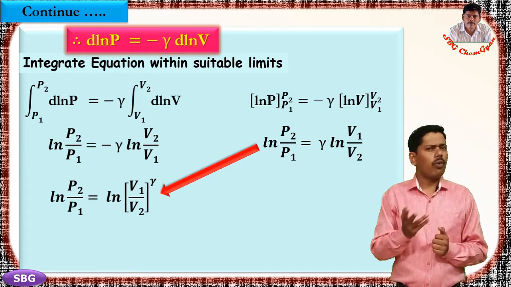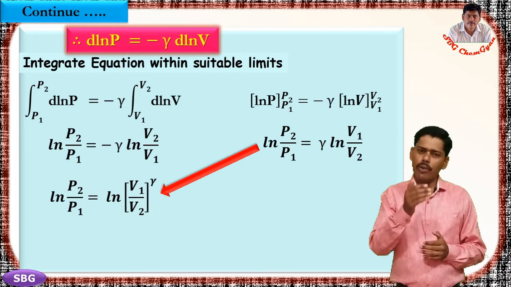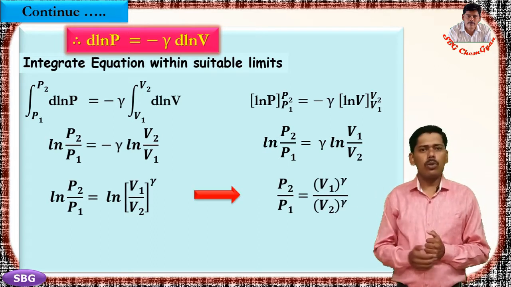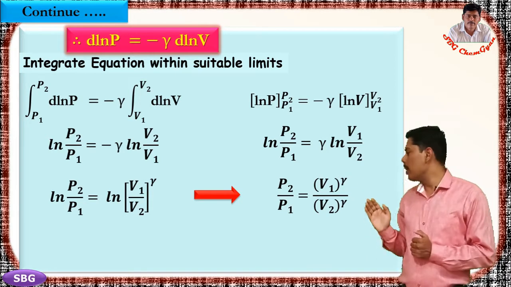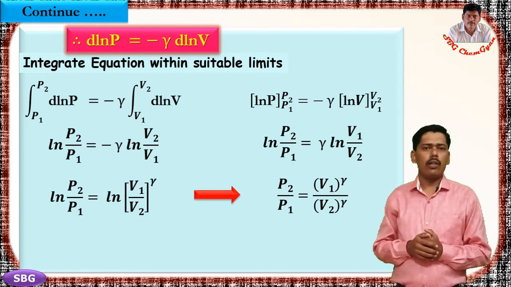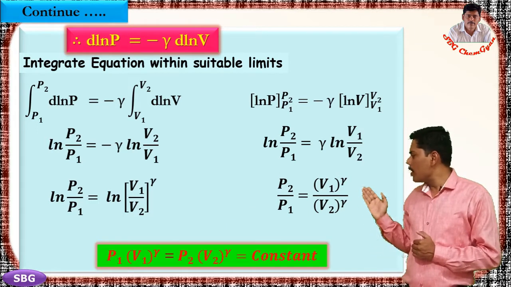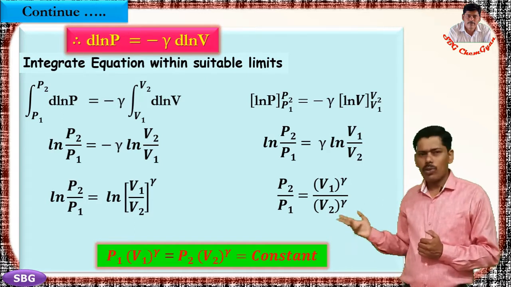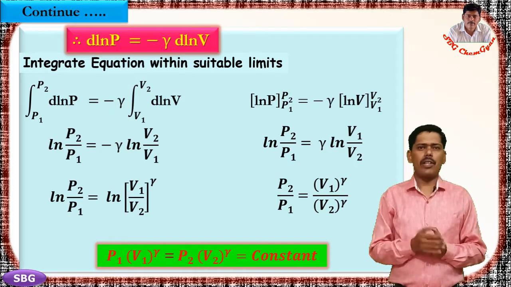We remove logarithm from both sides and the gamma value is separated for both V1 and V2. Then we get P2 by P1 is equal to V1 raised to gamma divided by V2 raised to gamma. Finally, after rearranging this equation, we get P1 V1 raised to gamma is equal to P2 V2 raised to gamma is equal to constant. This is the expression for the relationship between pressure and volume.